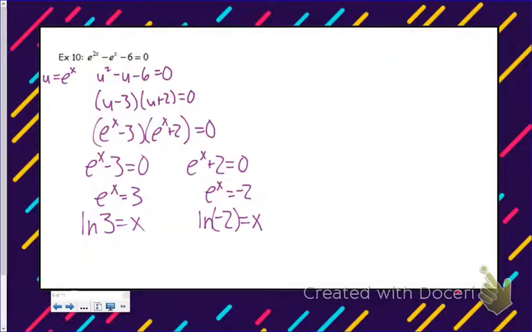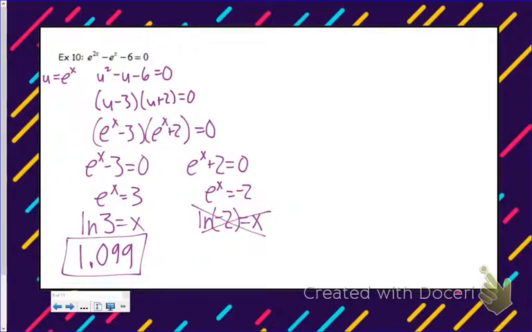And then again, if you want your decimals, you can plug those in and get the equivalent decimal. So I get that the natural log of 3 is 1.099. And if I tried to do the natural log of negative 2, hopefully you saw this before, this is not going to give you an answer because we cannot take the log of a negative number. So my only value here would be 1.099.